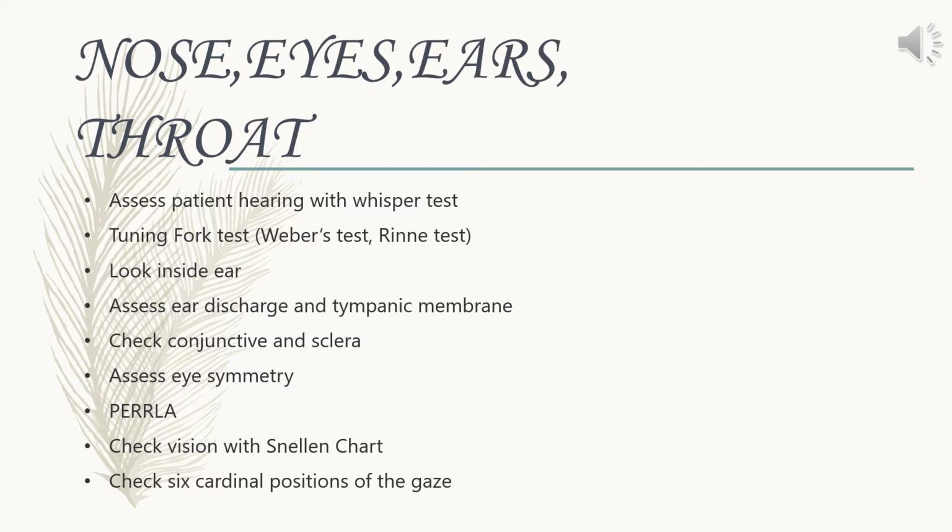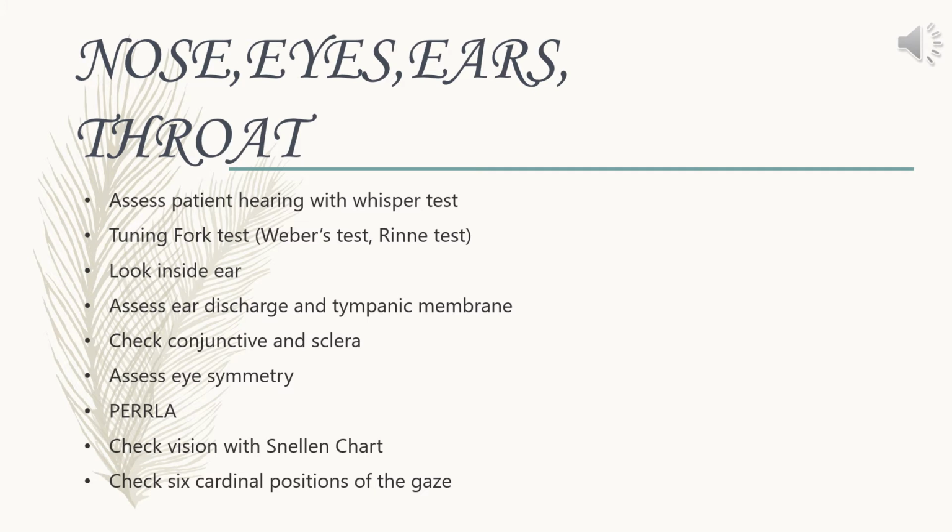Next, we have to assess the patient's hearing with the whisper test and tuning fork test, which is also called the Weber test or the Rinne test. In this test, the tuning fork is taken and it is the vibration. It is kept on the scalp and the vibrations are felt, and the ear testing is done through this type of examination.